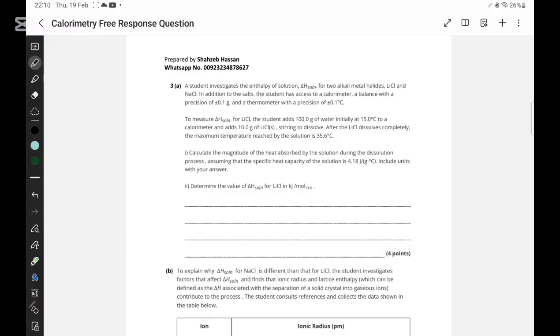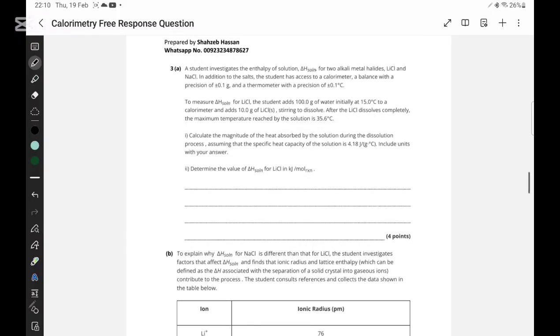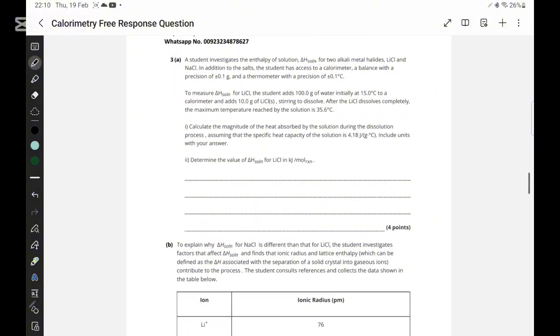So in this question they are saying a student investigates the enthalpy of solution for two alkali metal halides, LiCl and NaCl. In addition to the salt, the student has access to a calorimeter, a balance with a precision of plus minus 0.1 gram, and a thermometer with a precision of plus minus 0.1 degree Celsius.